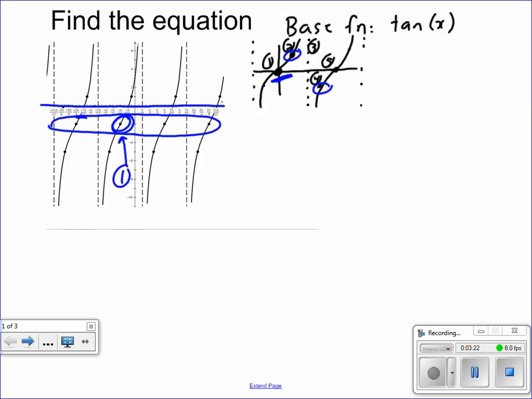All right, that'll be point number 1, which means we have point number 2 there. Point number 3 is an asymptote. Point number 4 is below the x-axis, and point number 5 is back the same as point number 1. We need to see the distance between point number 1 and point number 5, which is our period.